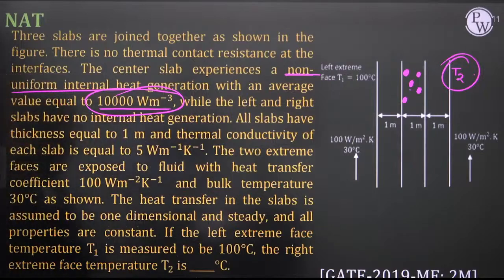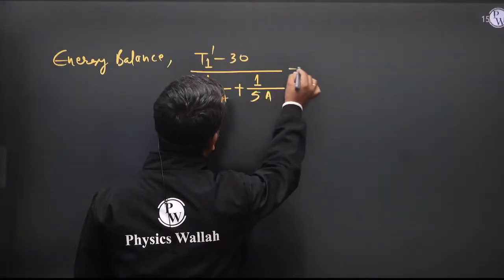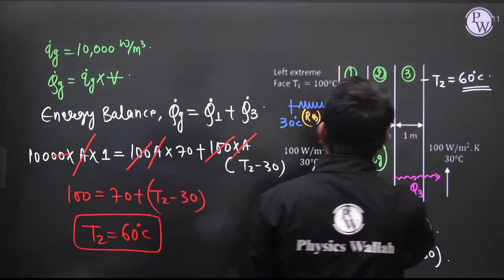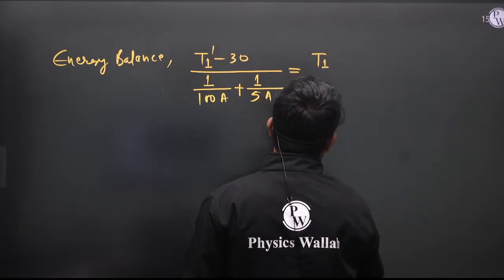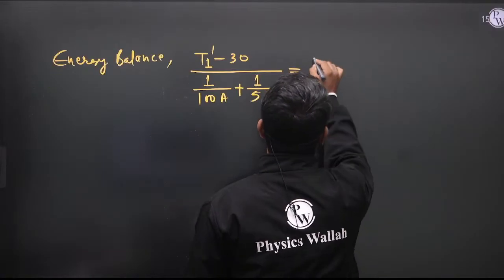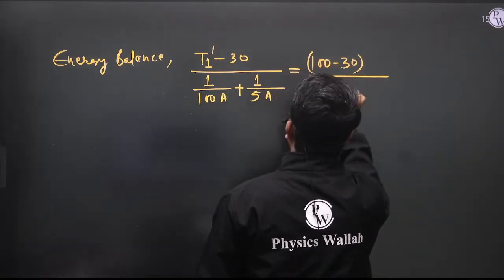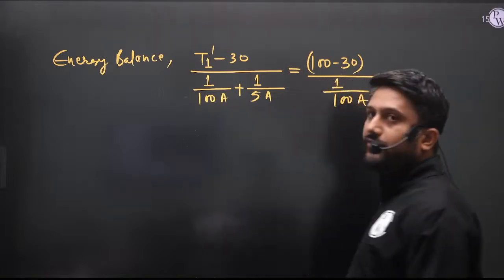The thermal conductivity is 5 watt per meter Kelvin. So you can say 100 minus 30 upon 1 upon 100A, 1 upon 100A.